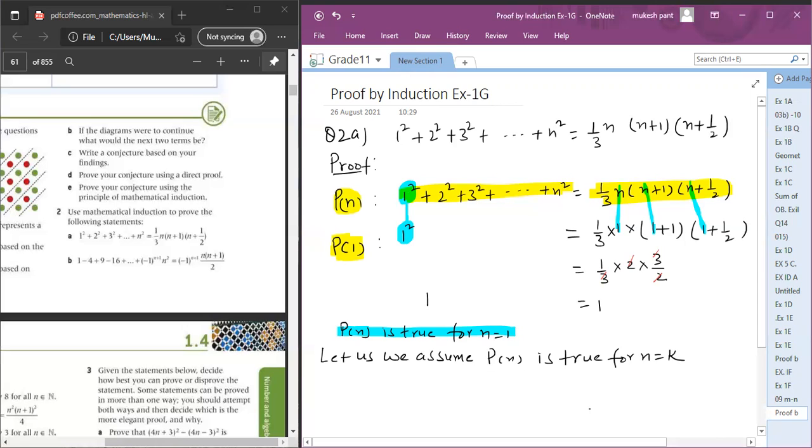So in that case, in the place of n, I will write k. Look here, on the place of n, I am writing k.